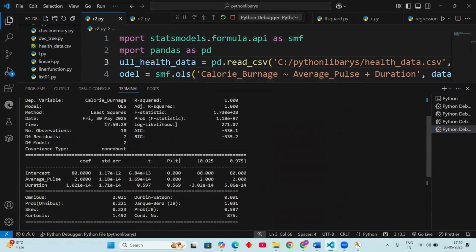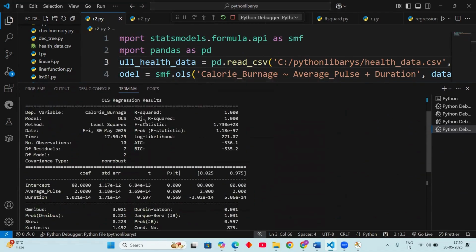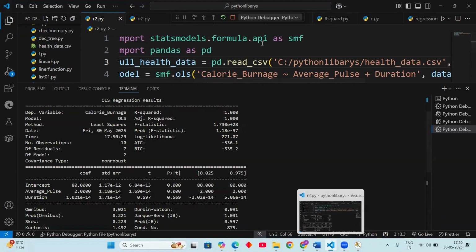We know our adjusted R squared is 1 and R squared is also 1. The intercept is 80 and our model is OLS. Average pulse is 2. Like the model concept, we can introduce. So here the value is 1, and 1 means we can consider it a high R squared. Okay, I hope you understand, guys.